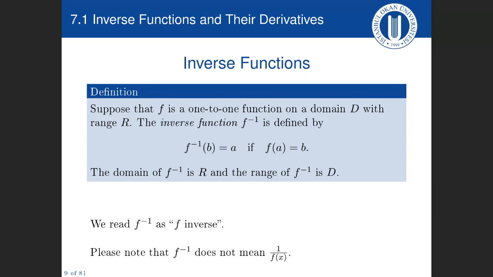This symbol, f to the power -1, we read or pronounce as f inverse. Now, if I wrote, for example, 5 to the power -1, we know that means 1 divided by 5, but that's not what we're doing here. f to the power -1 means f inverse. f to the power -1 does not mean 1 divided by f of x.